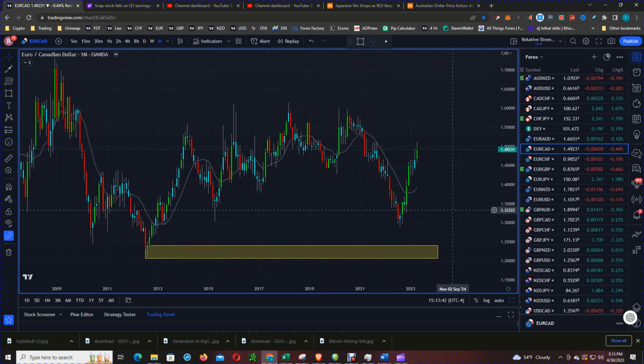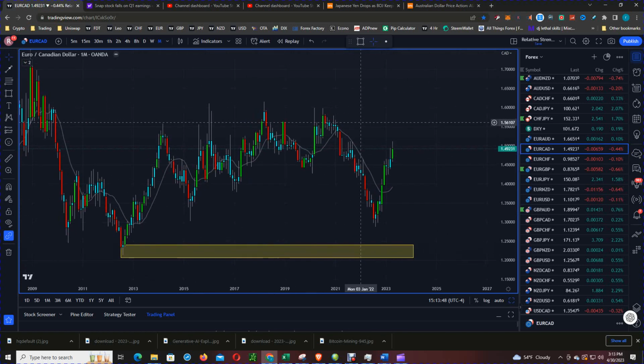All right. So first thing I do is I go to the monthly chart and I establish where price stopped going down and started going up. So I look at current price and I go down, and we had a reversal at this level here.